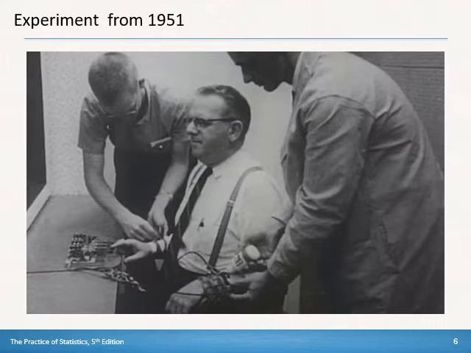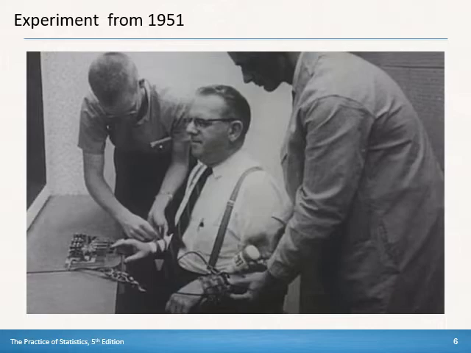The learner would give the response, and if the response was wrong, the teacher in the other room, in front of a device, would shock them. You can see the person here strapping their arm to this electronic device that would give a shock. This man sitting down with the tie and suspenders would be the learner.